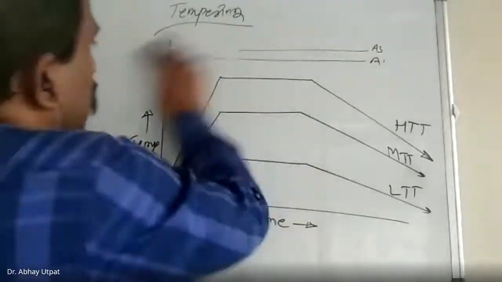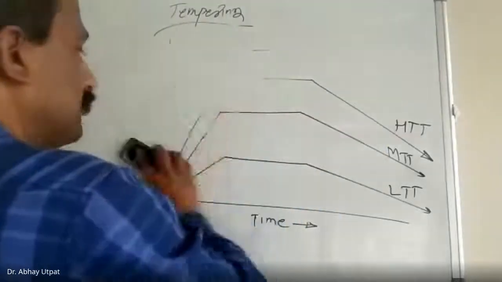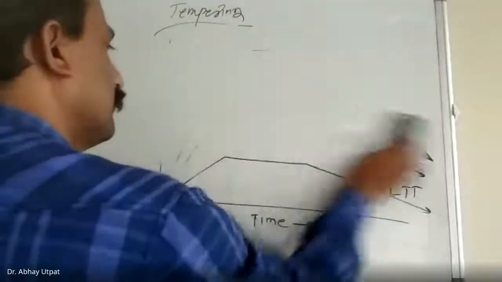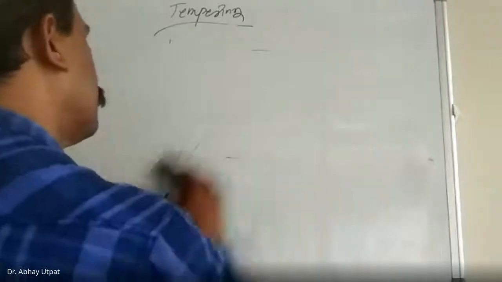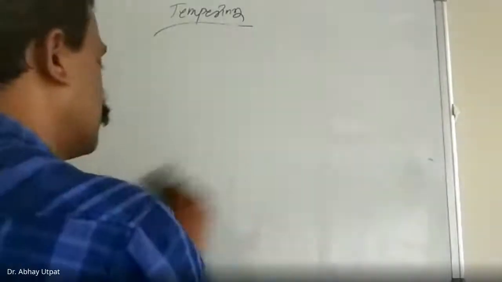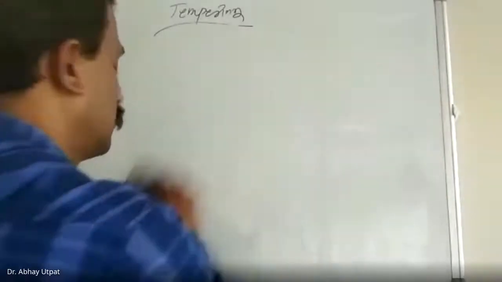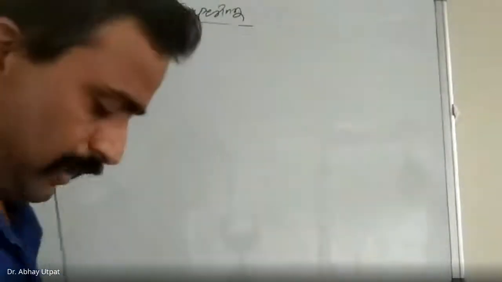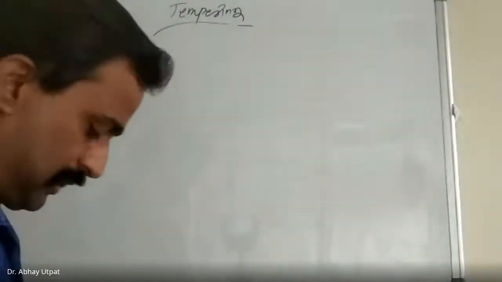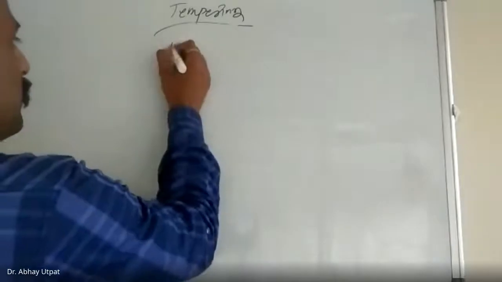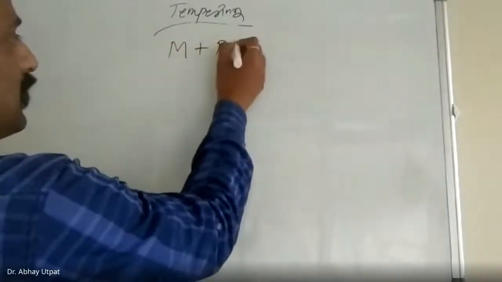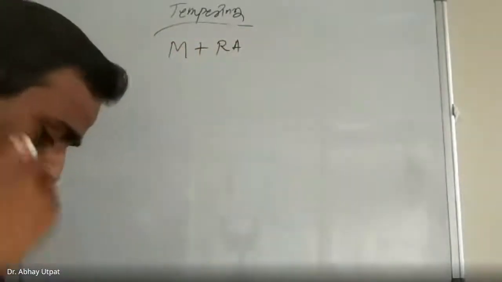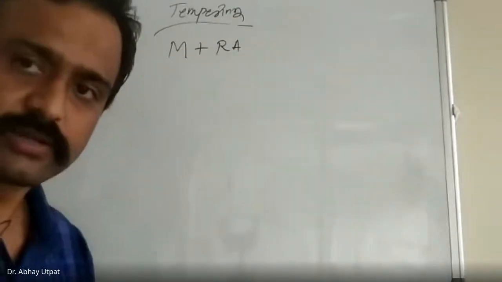The microstructure of the hardened sample is martensite plus retained austenite.